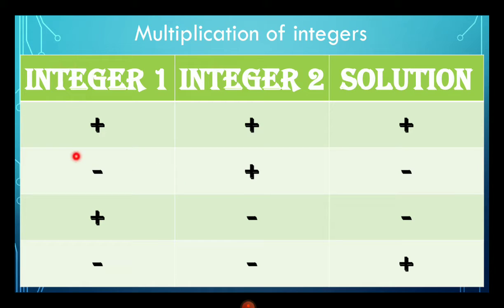Let's say minus 1 into plus 1, you will get 1, but the sign will be negative because here we have one negative and one positive. In the same way, vice versa, positive and negative also give you a negative integer, and negative and negative give you a positive integer, because when we cut plus and plus we get plus, but when we cut minus and plus we get minus. When we cut plus and minus we also get minus, but when we cut minus and minus we get plus. Let's check each of the examples.